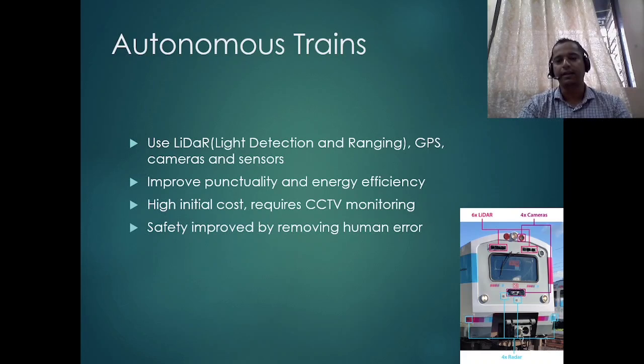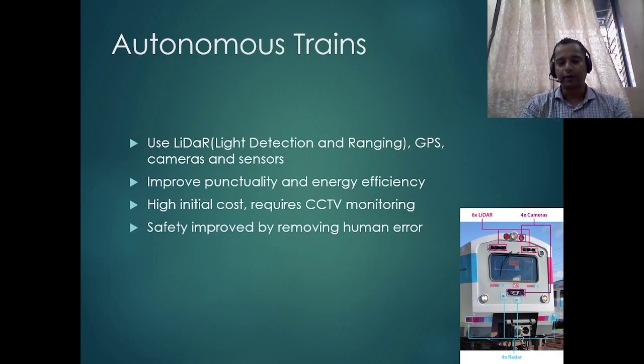So if there is a miss by light or camera, then sound comes into the picture and it gets an understanding of what objects are in front of it. Now you can understand how secure it is using these sensors and sending the data to the microprocessor. This increases the efficiency of the machine. The more sensors we put in the machine, the more efficient it becomes and the better result it gives.